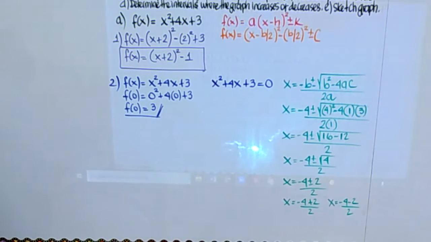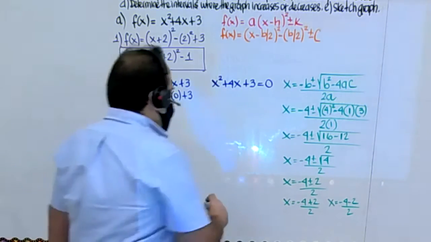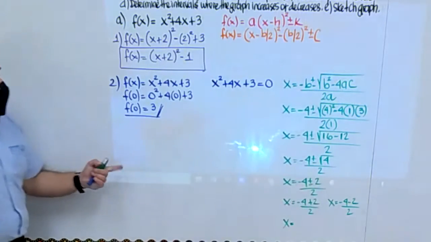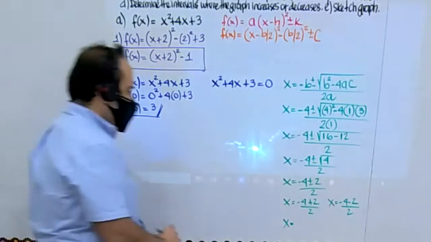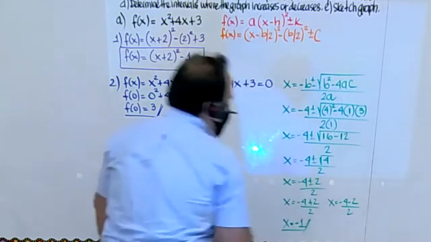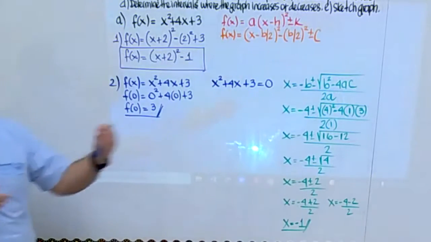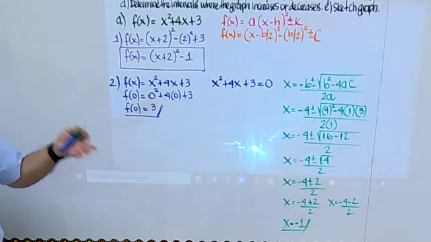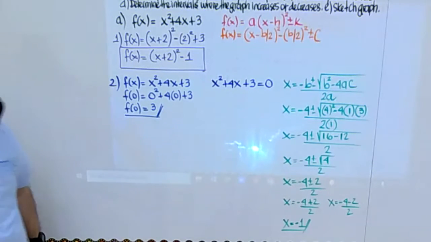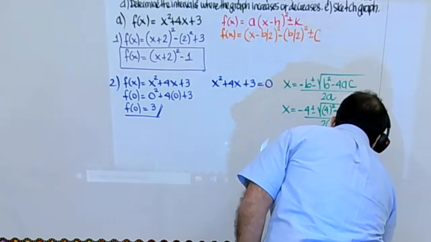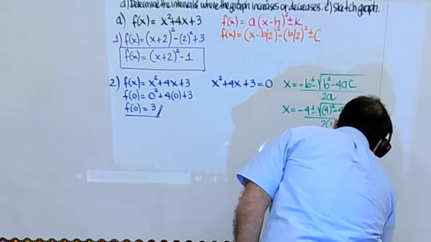For that reason, negative 4 plus 2, negative 2, divided by 2 will be negative 1. On the other hand, negative 4 minus 2 is negative 6, divided by 2 will be negative 3. So the other solution will be x equals negative 3.